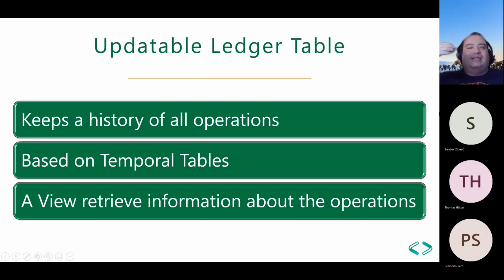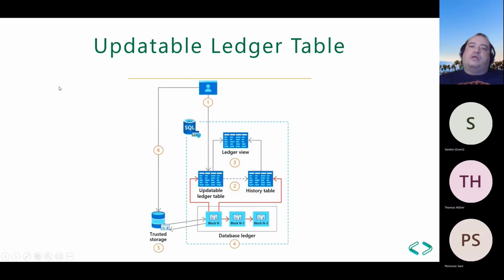If you would like to see the history of what happened with the data, we can use a view to retrieve this history about what happened on each operation inside the ledger table. So here we can see how an updatable ledger table works. So what exactly is this?